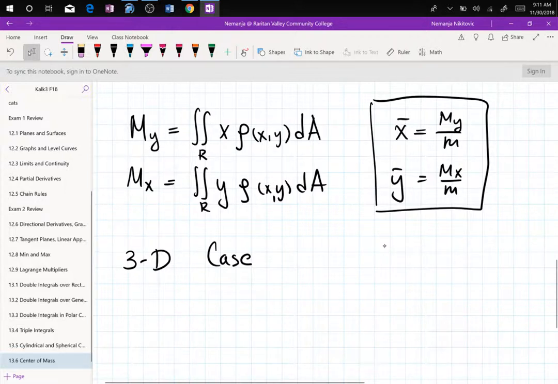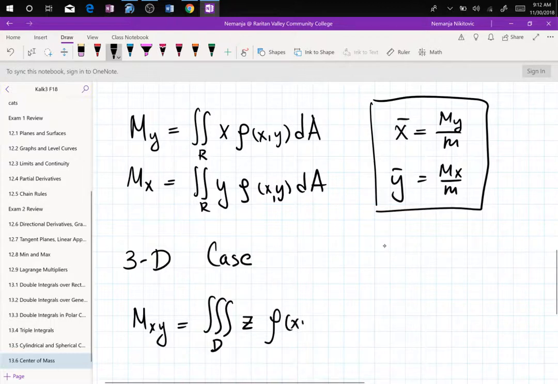So now what do you have? You have Mxy, the moment, which is the triple integral over region D of z rho(x, y, z) dV.